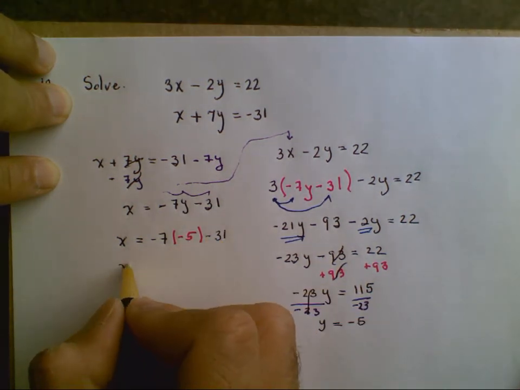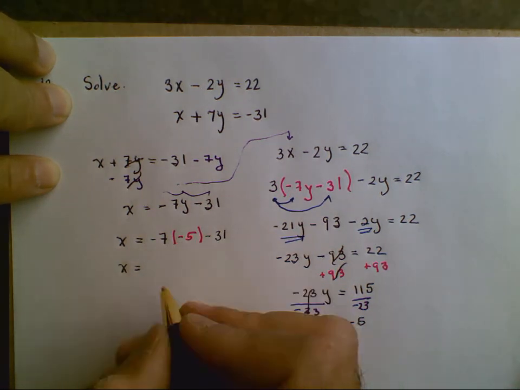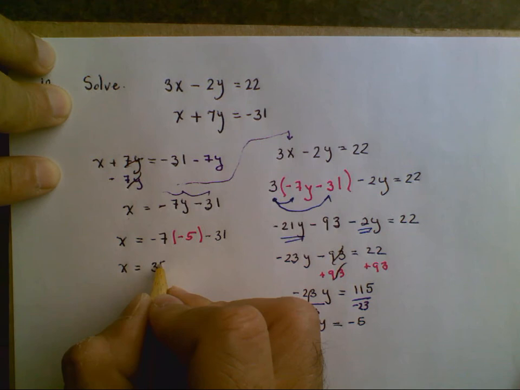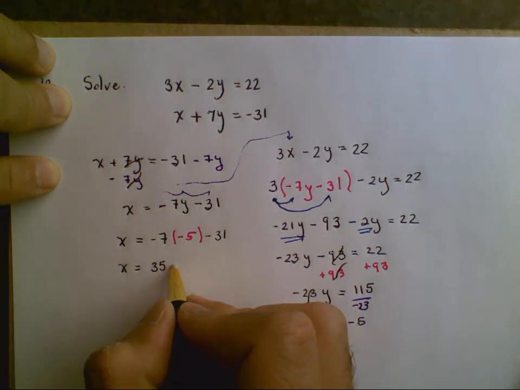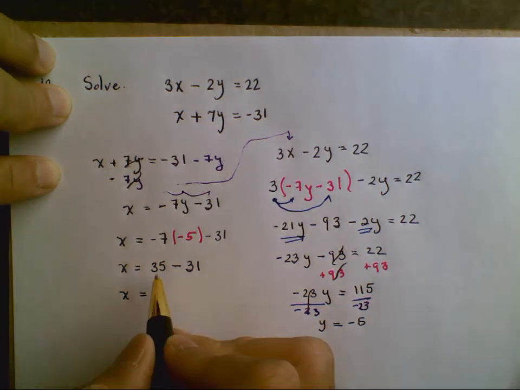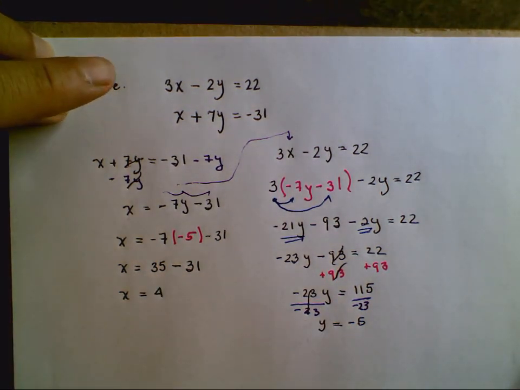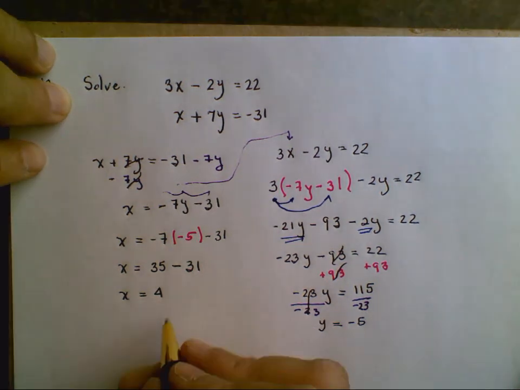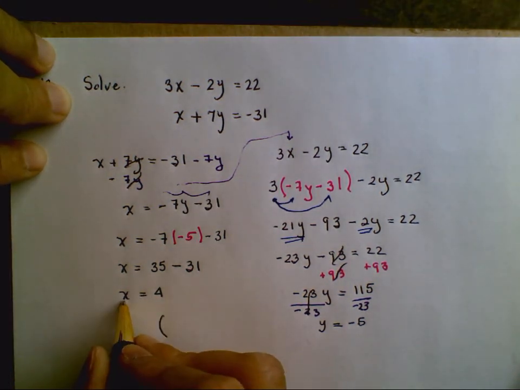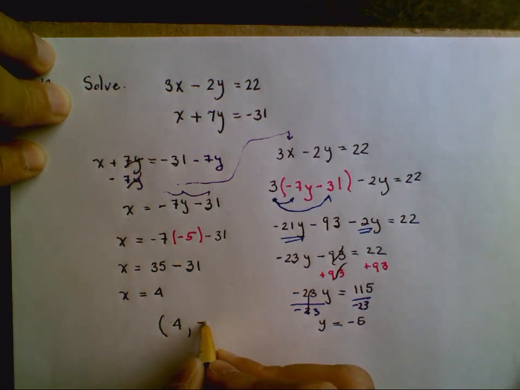So x is equal to negative 7 times negative 5, which is positive 35, then minus 31. So x is equal to 35 minus 31 equals 4. Exactly the same solution as the method that we saw before. So my solution, the value of x first, is 4, comma, negative 5.